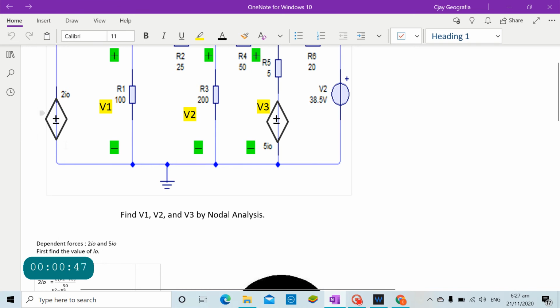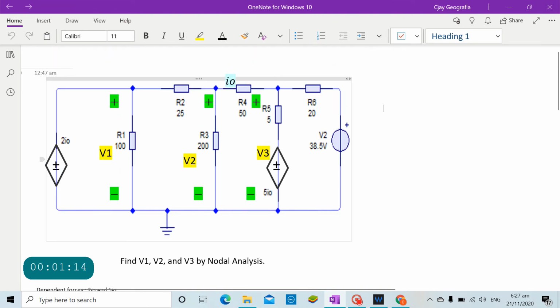This one is the current controlled current source, and this one would be the current controlled voltage source. In theory, a dependent source is a voltage source or a current source whose value depends on a voltage or current elsewhere in the network. As you can see, these two dependent sources depend on this given voltage source.